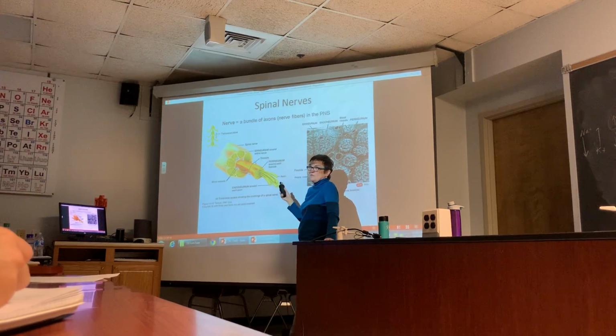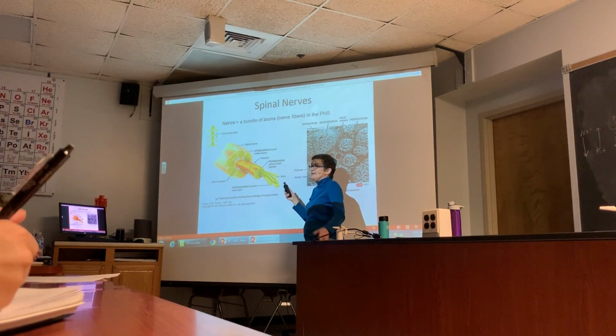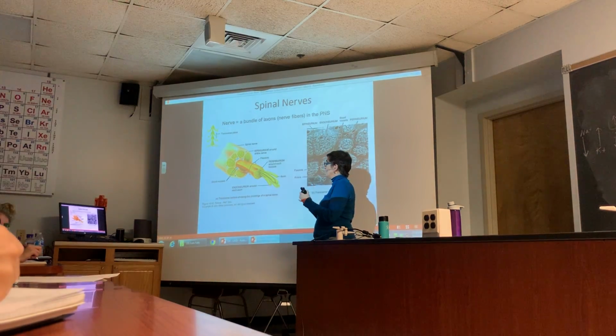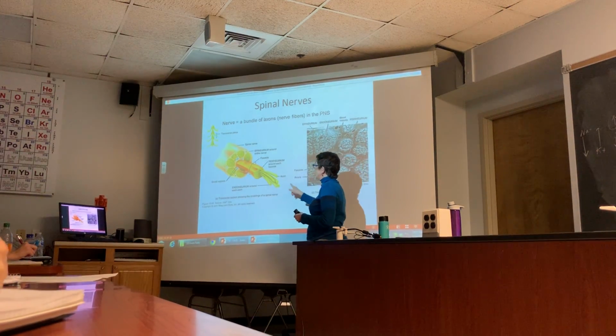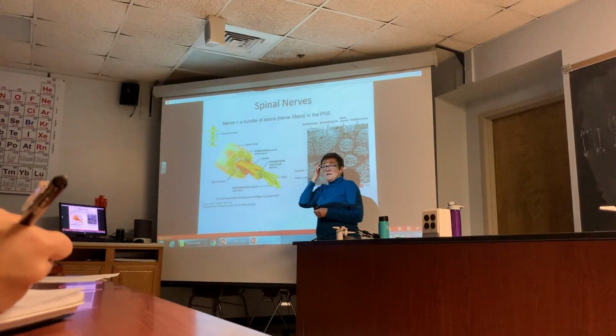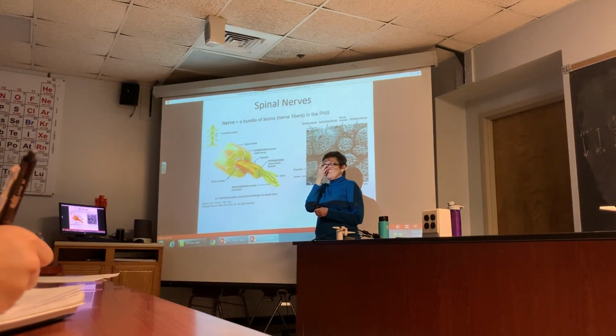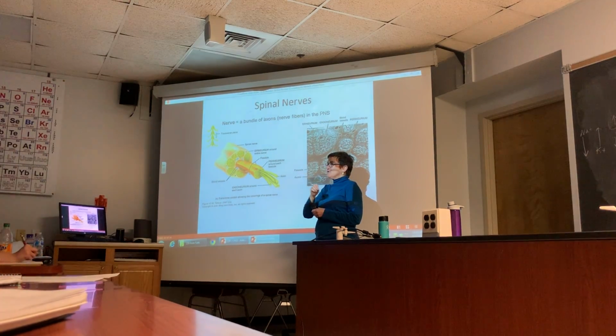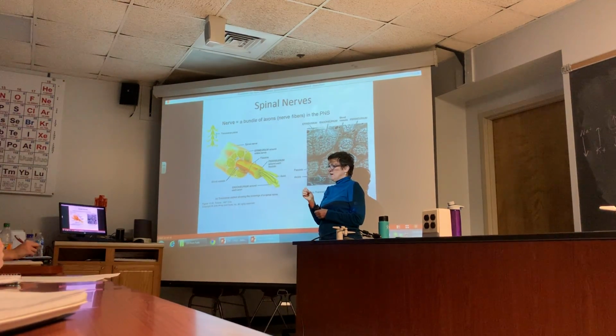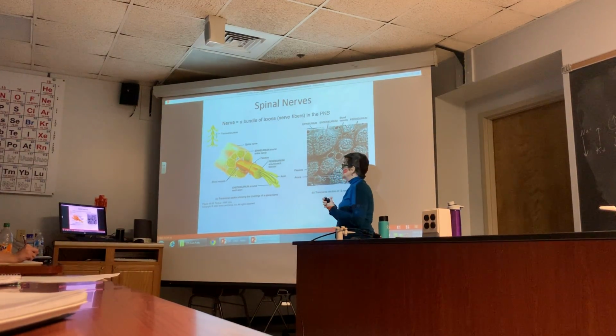Some of them are autonomic. Some are somatic. It's a mixture. They're not divided up in any way. They're all a mix. You can't look at them and tell which one's which. Because you have both sensory and motor axons in the same nerve, they're called mixed nerves. Mixed meaning there's both sensory fibers and motor fibers in the same nerve. So all spinal nerves are mixed.